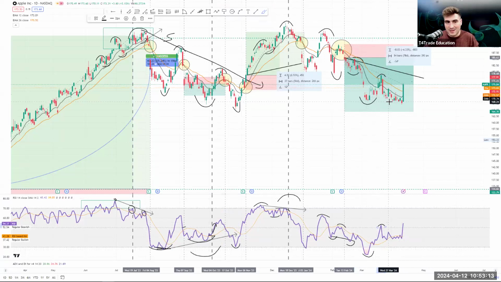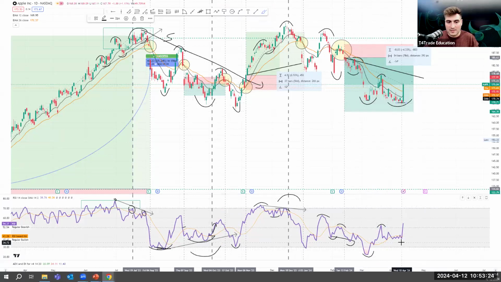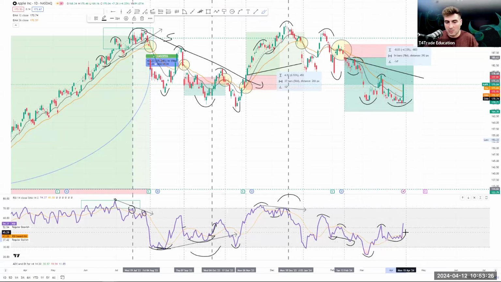However, price action now moved to the downside. So we have made a lower low, but RSI has made a higher low, okay? So it was ideal to exit the position right where we are.